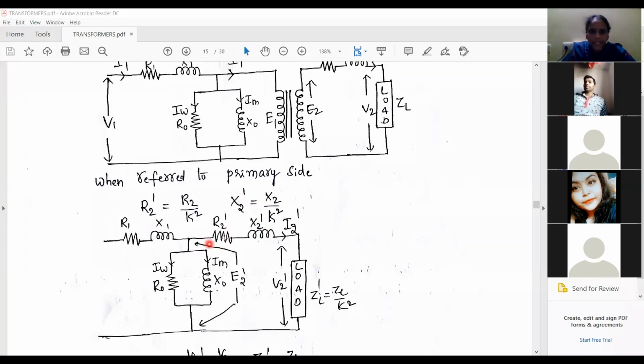R2 dash is equal to R2 by K square and X2 dash is equal to X2 by K square. This is my no load component of the current. This I will keep as it is because this is the shunt branch. Because of this shunt branch, the voltage E2 dash is induced here. Is it clear?